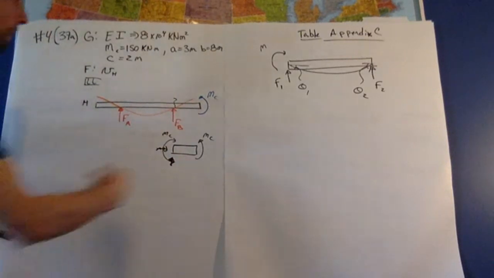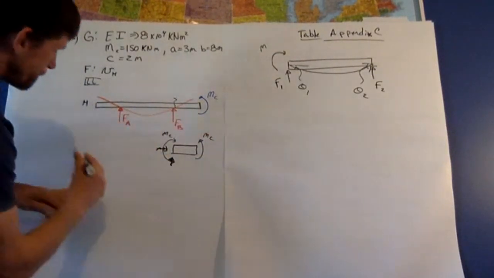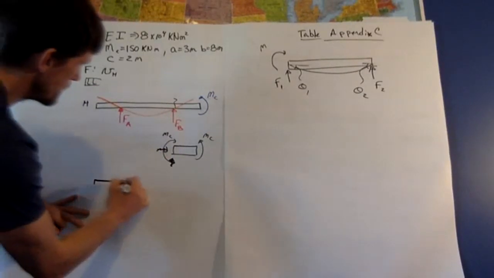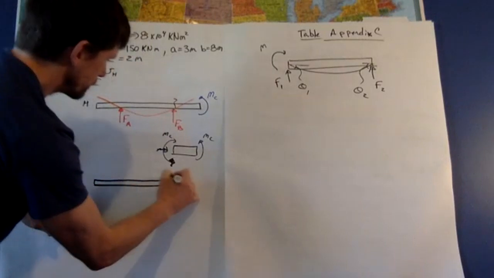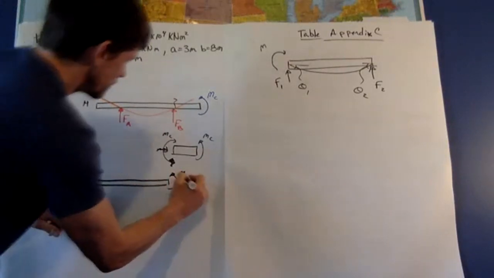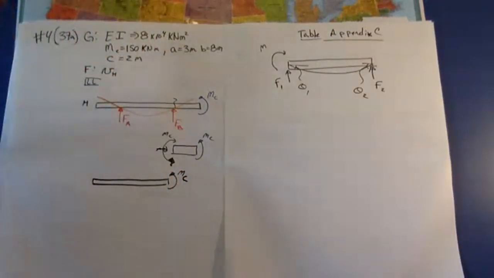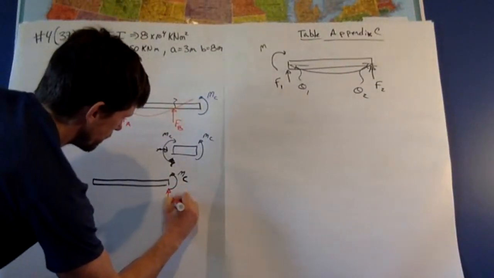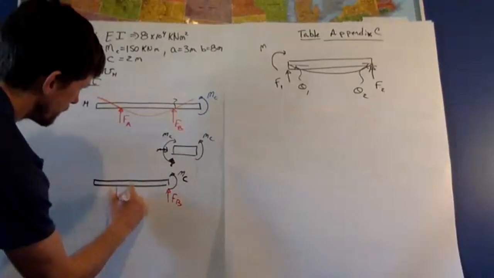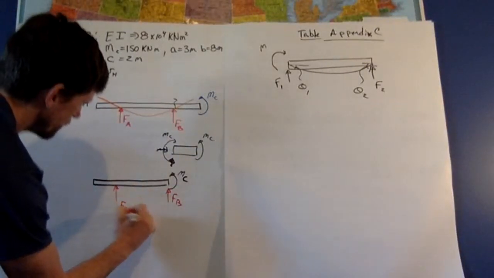That means if we go back to our free body diagram and take the left side of the cut, I can say that that's MC, and I know that this here is FB and this is FA.